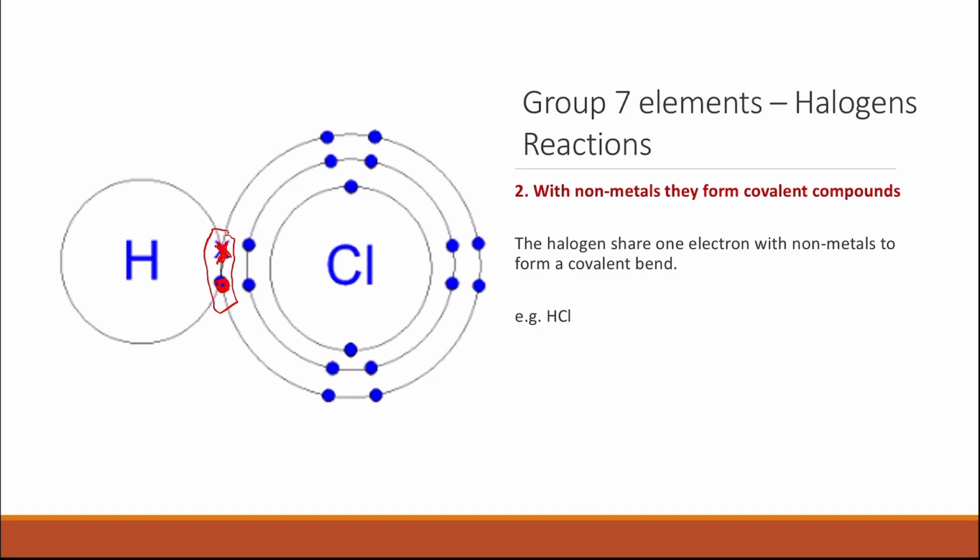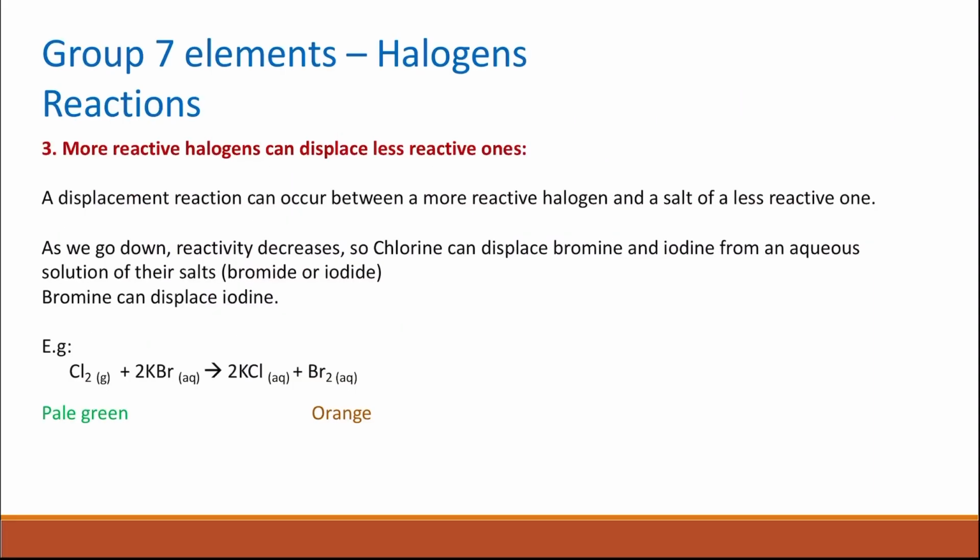Now chlorine, with the shared electron from the hydrogen, will have 8 electrons in its outer shell. Hydrogen, because it has only one shell, which is the first shell, now has a full outer shell as well, which will have 2 electrons. So this is called a covalent bond, and this compound is called a covalent compound.